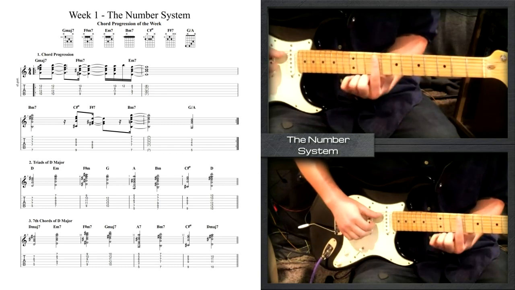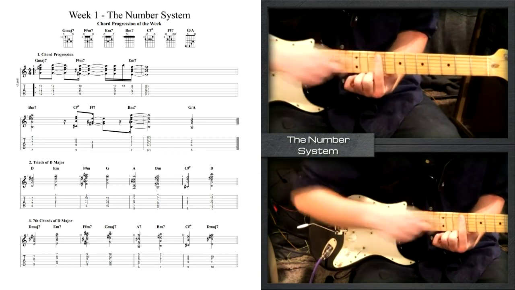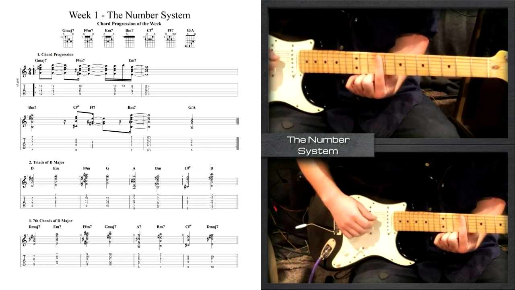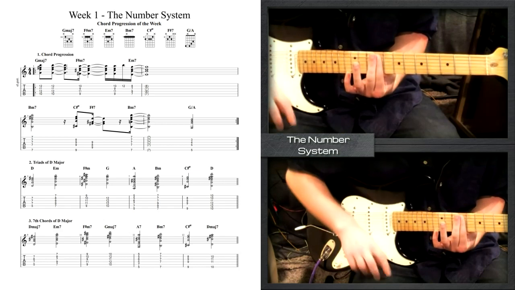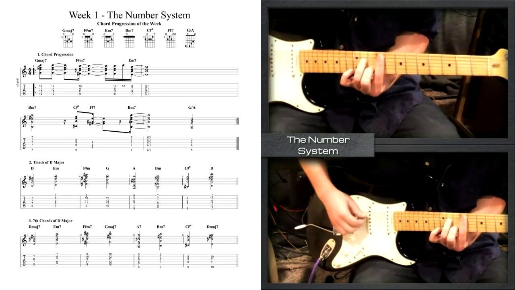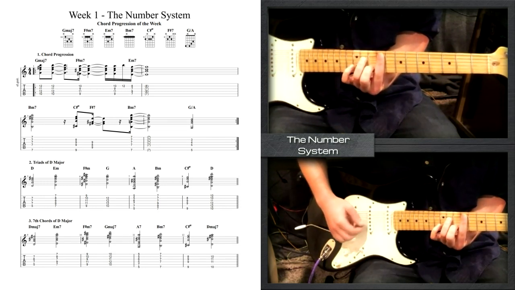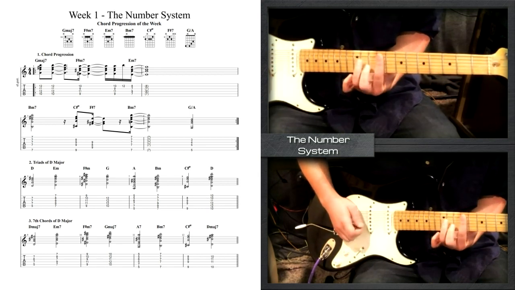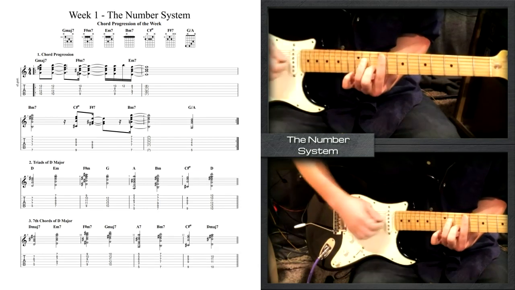To play this, I'm basically just using my first finger to bar across the 9th fret on the A string, the D string, the G string, the B string, and the E string. So that's fundamentally where it lies. And then I'm taking my ring finger, putting it on the 11th fret of the D string. On the G string, it's just going to be the 9th fret, achieved by barring my first finger.